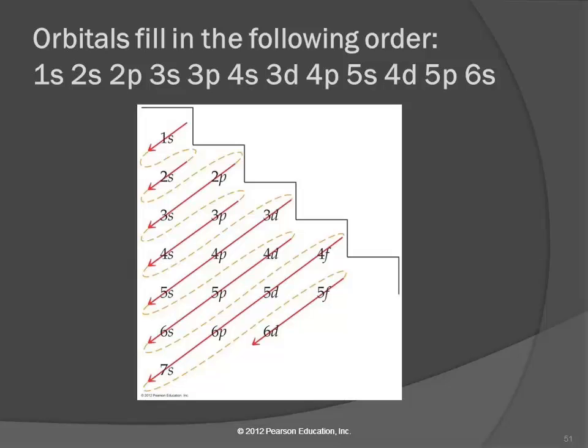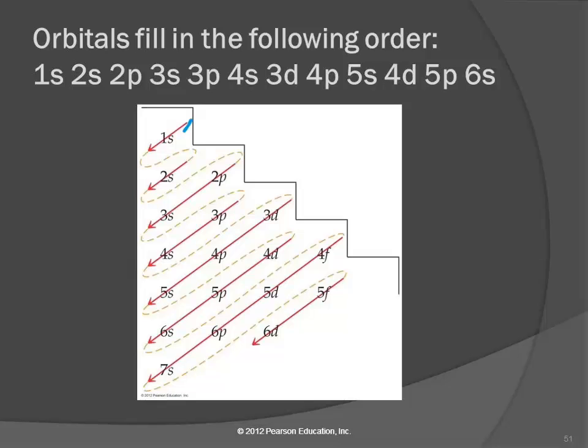You start up here. Oops, what am I doing? You start here. I'm trying to draw, and it's not drawing. Maybe if I turn it sideways. Well, it draws over there.